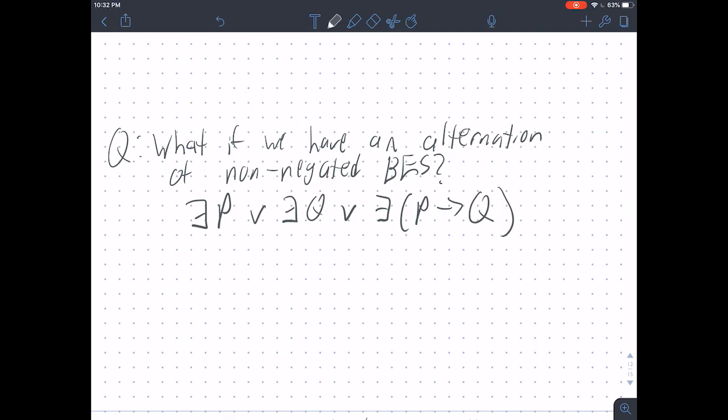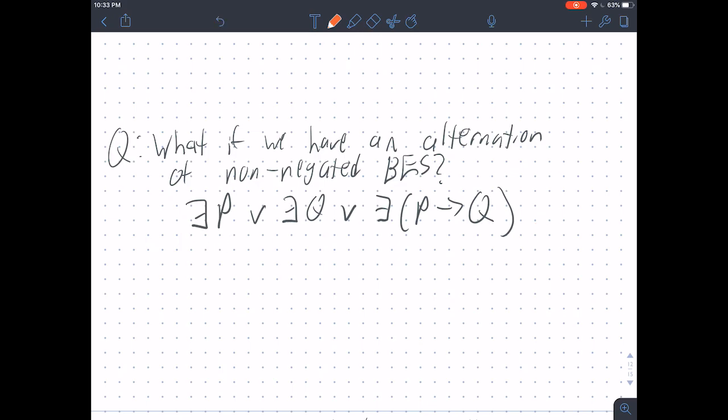This is an alternation, right? You see the ors let us know it's an alternation, and it's an alternation of non-negated Boolean existence schemata. Again, they're Boolean existence schemata because there's a backwards E followed by a normal truth functional schema, except with capital letters instead of lowercase ones.